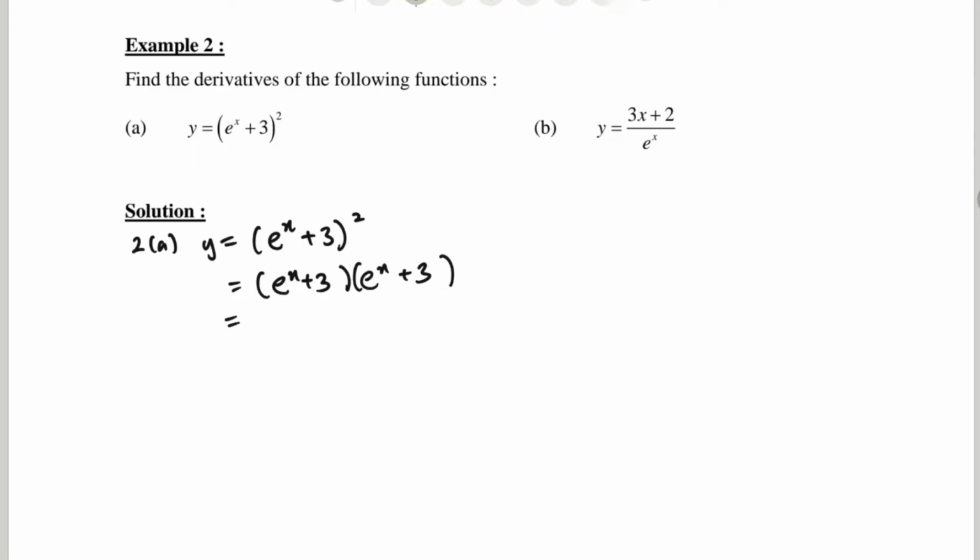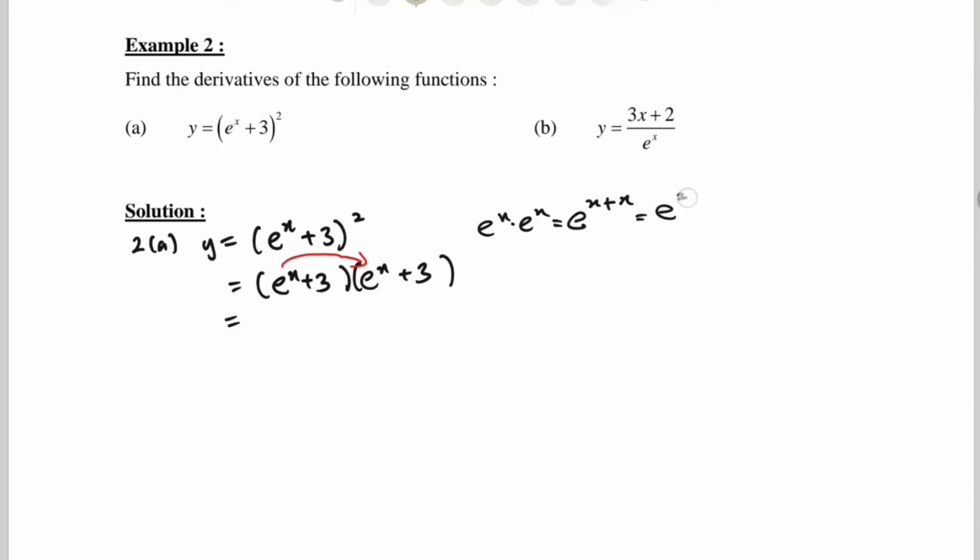And what will I get if I expand it? You have to do this very, very carefully and one by one. e to the power of x multiplied with e to the power of x means that we have the same base, and when we multiply, that means our power must be added.